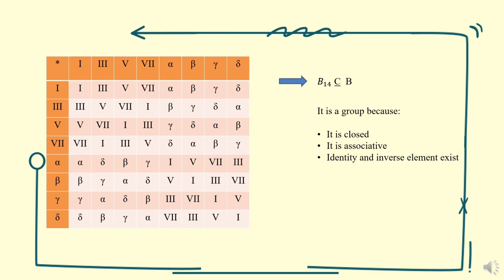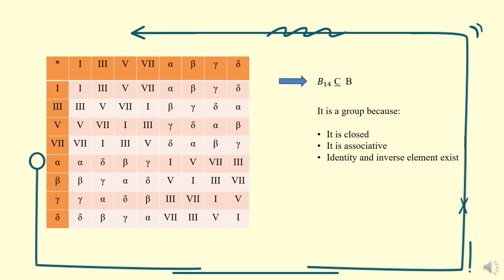As I said earlier, the outcomes of this table are themselves, not other elements that don't exist in this table. That's perfect. So, it is closed because the outcomes are only among themselves, not the other elements.